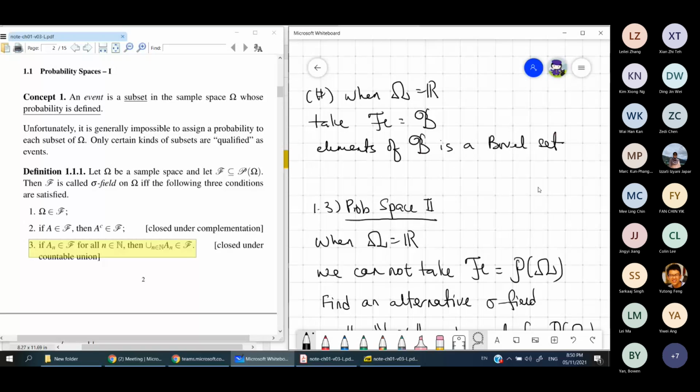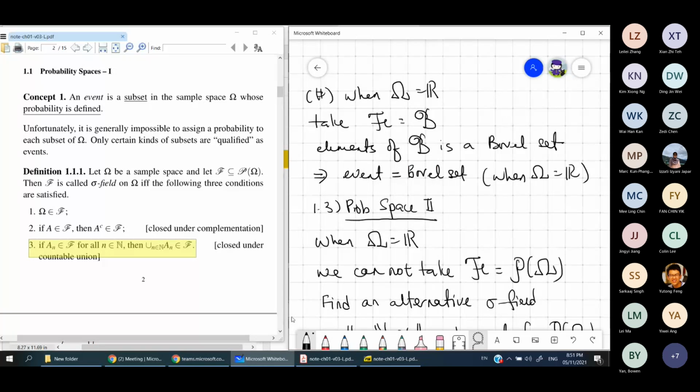After we have proven this, Borel set means event when omega is R. So in fact, an element of B is a so-called Borel set.